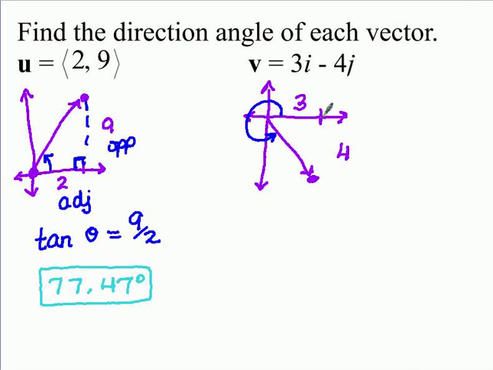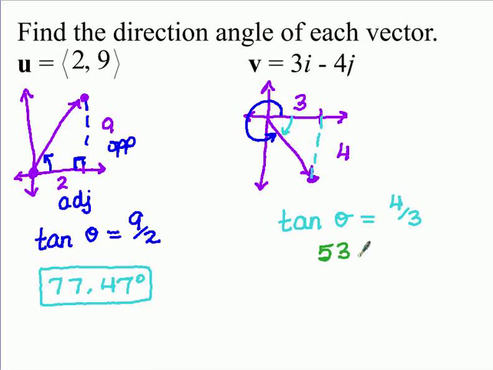So to find that little angle first, I'm going to go ahead and use tangent. So tangent of theta equals what over what? 4 over 3. So when I calculate that, I get theta to equal, you always do the inverse tangent?